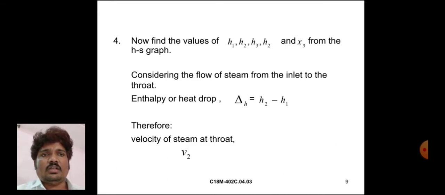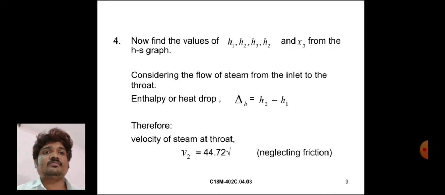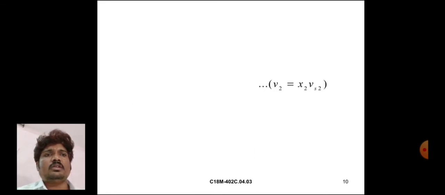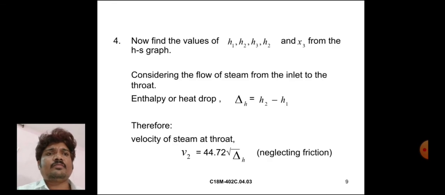Therefore, the velocity of steam at the throat V2 is equal to 44.72 under root delta H, neglecting friction.